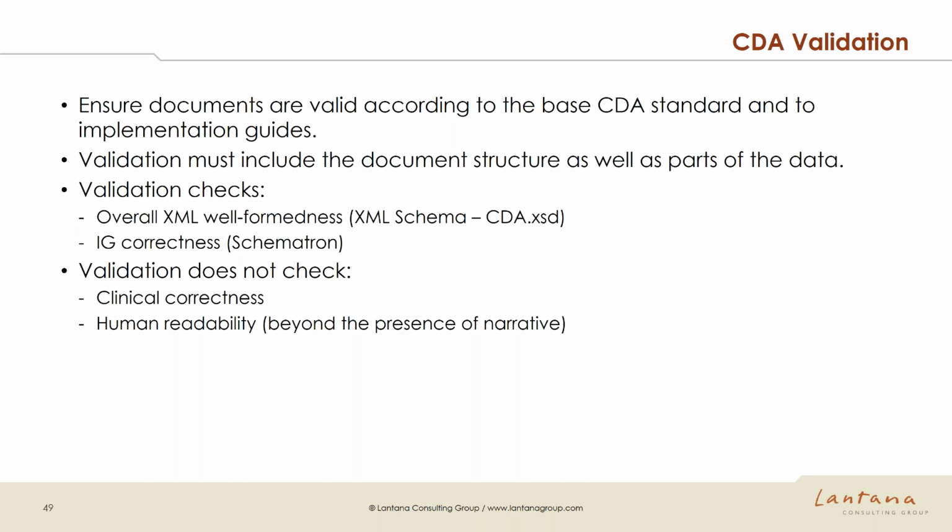Validation can check the overall XML well-formedness, as it's known, to make sure that, for instance, the correct element and attribute names have been used. It can also check that you've created a document that is valid to the rules in the implementation guide. In other words, that you've used the LOINC codes for the sections that are required, or that your document uses a US Realm header properly.